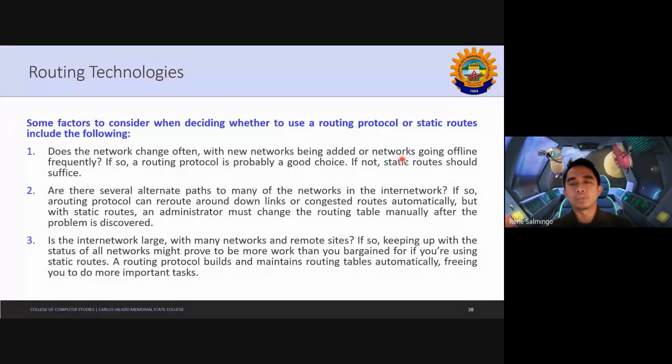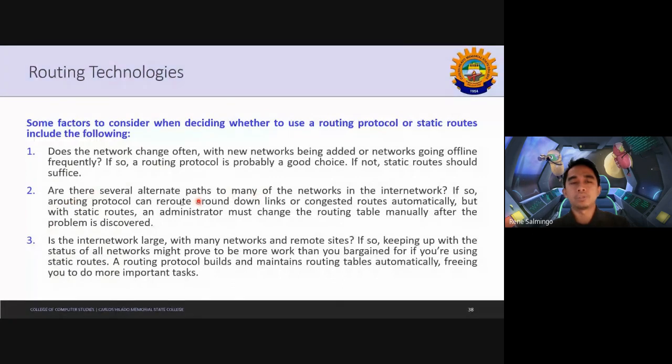Are your networks going offline frequently? If so, a routing protocol is a good choice; if not, static routes should be considered. If your network changes sometimes and new networks are added, a routing protocol is a good choice.